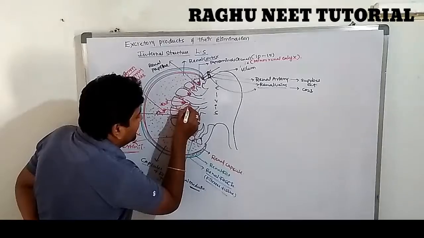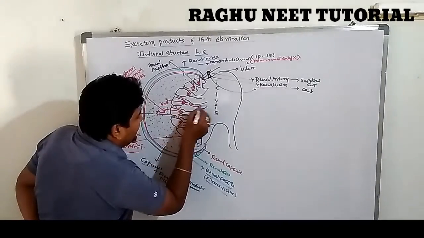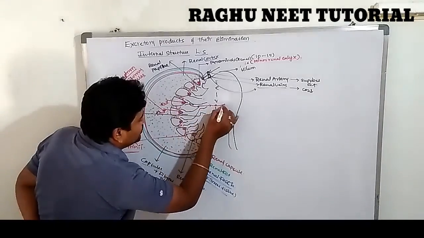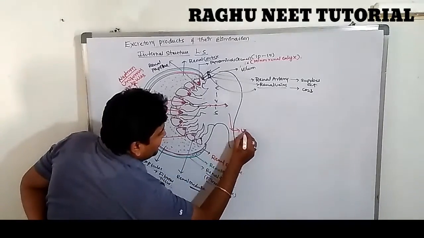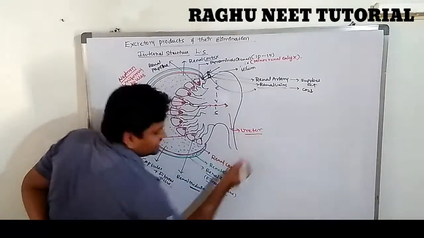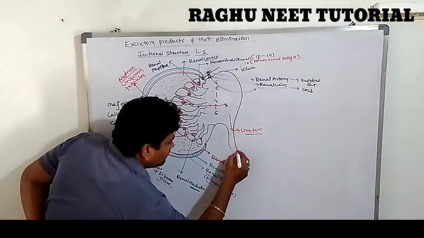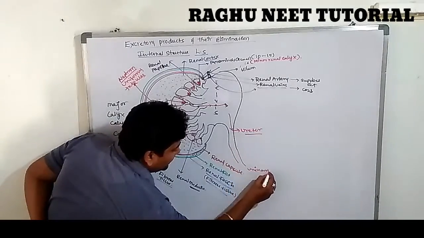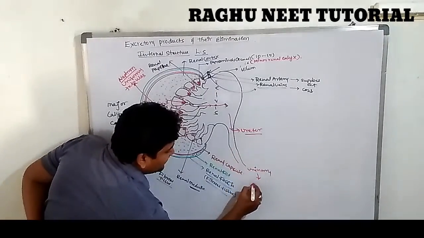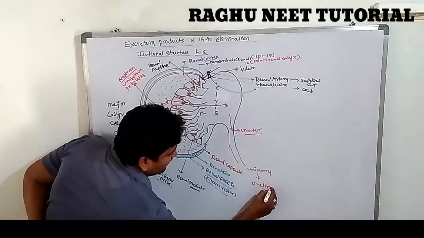Renal papillae to minor calyces, minor calyces to major calyces, major calyces to pelvis, pelvis to ureter, ureter to urinary bladder, and finally urinary bladder leads into the urethra.